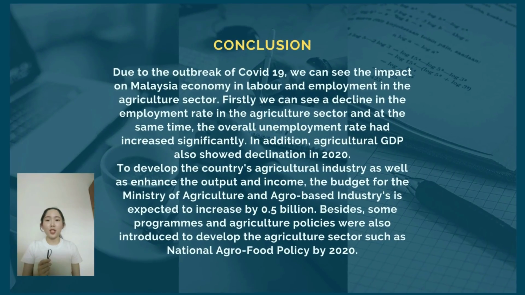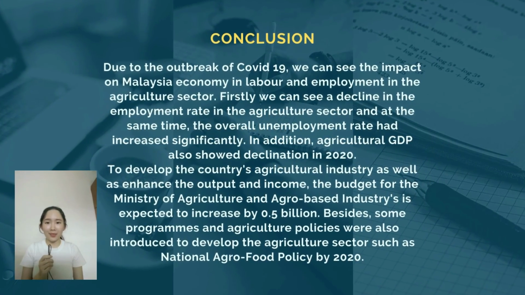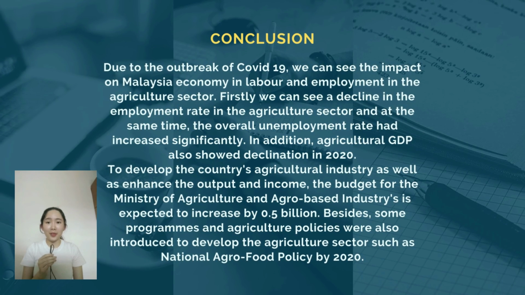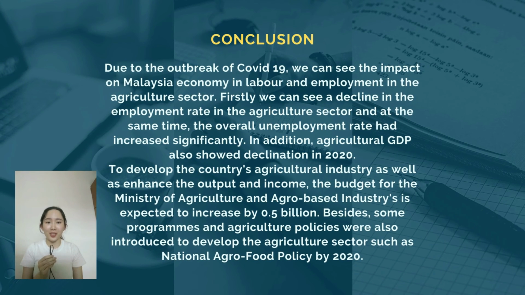In conclusion, due to the outbreak of COVID-19, we can see the impact on Malaysia's economy in labor and employment in the agriculture sector. Firstly, we can see a decline in the employment rate in the agriculture sector, and at the same time, the overall unemployment rate had increased significantly. In addition, agriculture GDP also showed a decline in 2020.